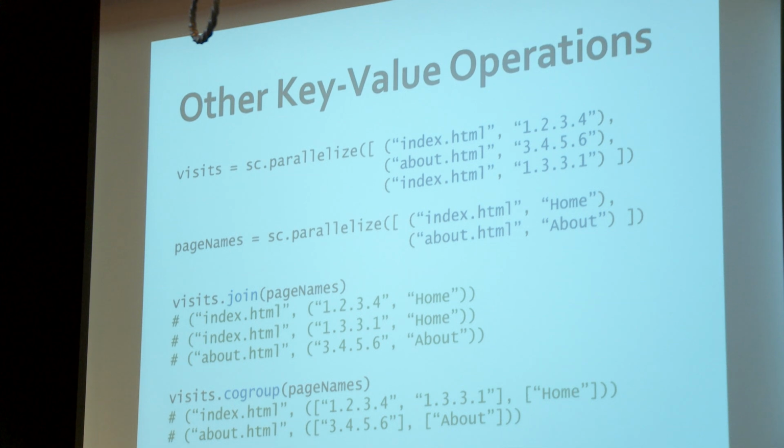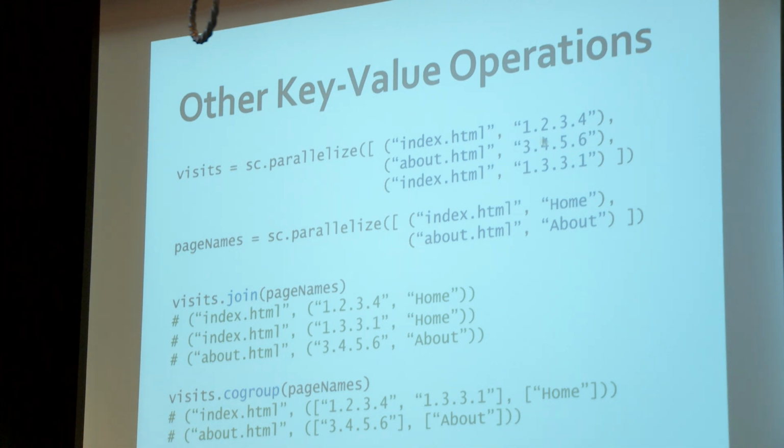Finally, the key value operations are also how you do joins and co-groups between data sets. If you're familiar with SQL, these are common operations you do. Say you have two data sets about web pages. Maybe the first data set is about visits, and it has key value pairs where the key is a page someone visited, and the value is the IP address.